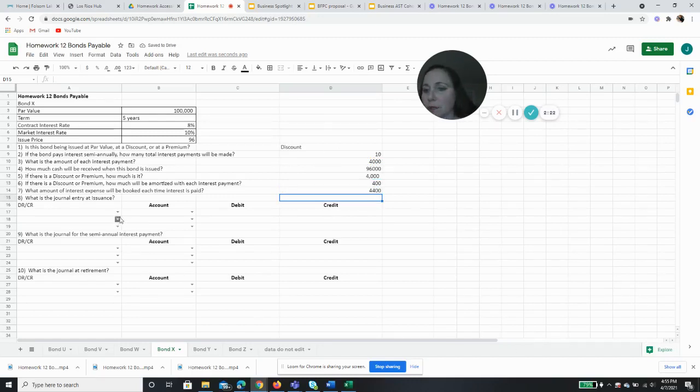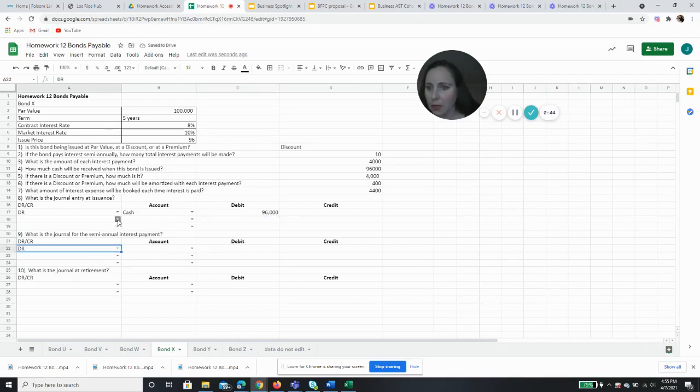Let's do our journal. So when we issue it, we are always going to debit cash because the whole reason we are issuing a bond is to get some cash. We like cash. And that's going to be for 96,000. Then we are going to debit our discount.